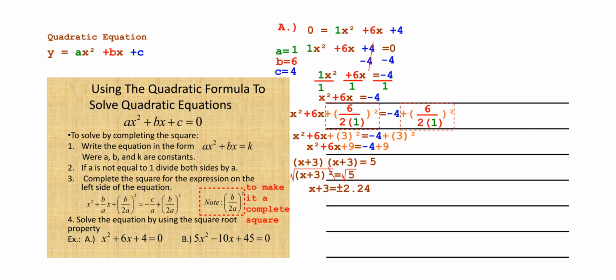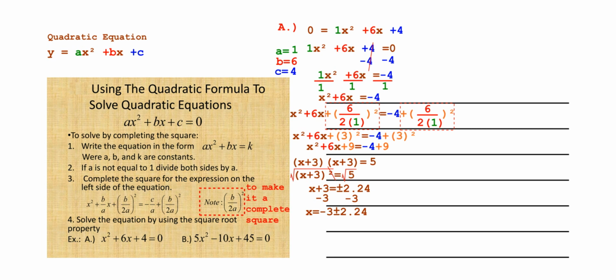At least for this particular case. And let's realize we still have the 3 left on the left side. So we want to get rid of the 3 to completely solve for x. So move it to the right side by subtracting it. So minus 3 to both sides. There we go. Okay, so now that we've gotten rid of the 3, combining it, negative 3 plus or minus 2.24, agreed?